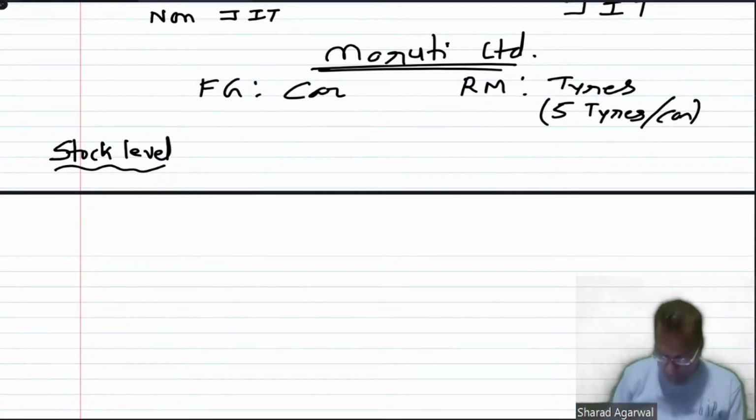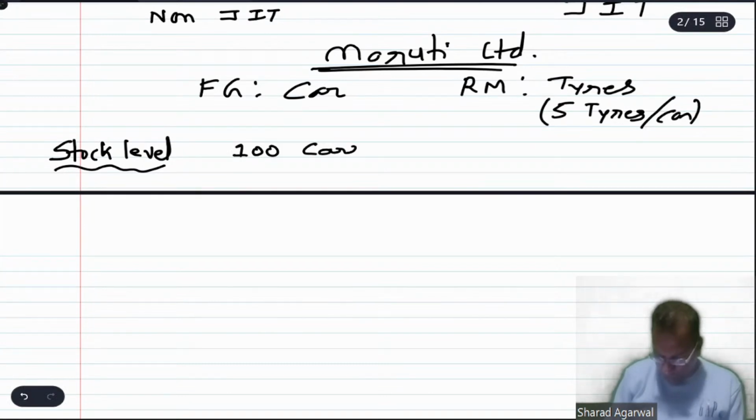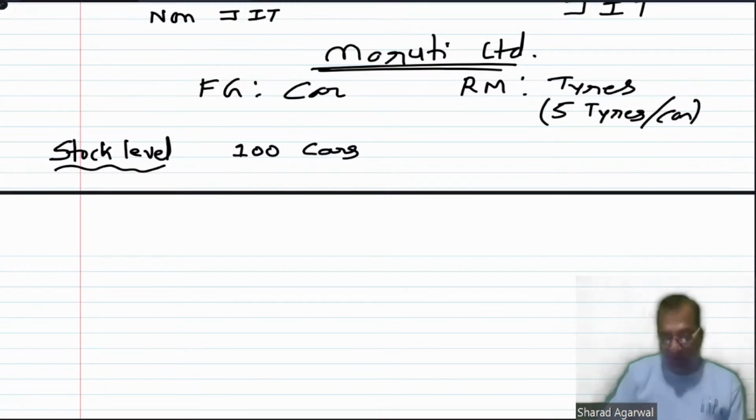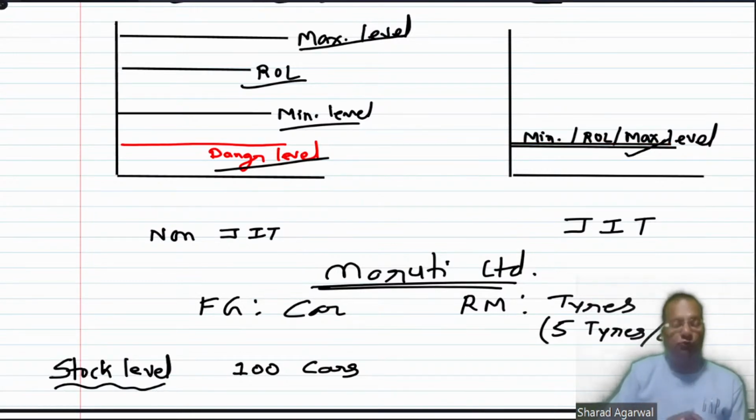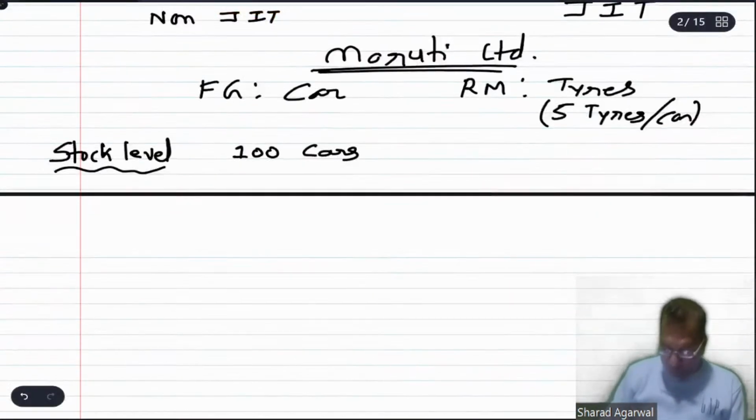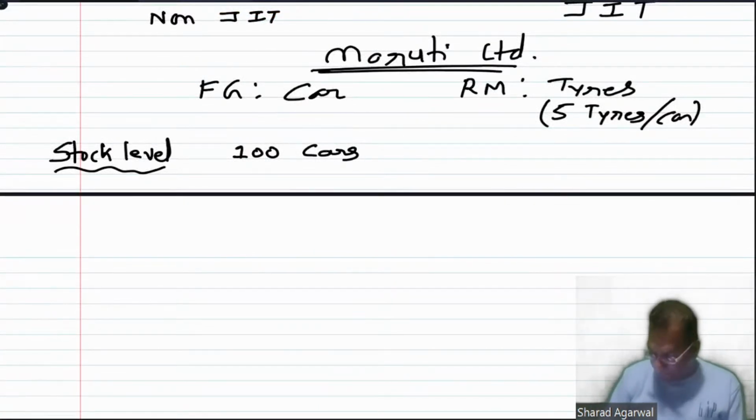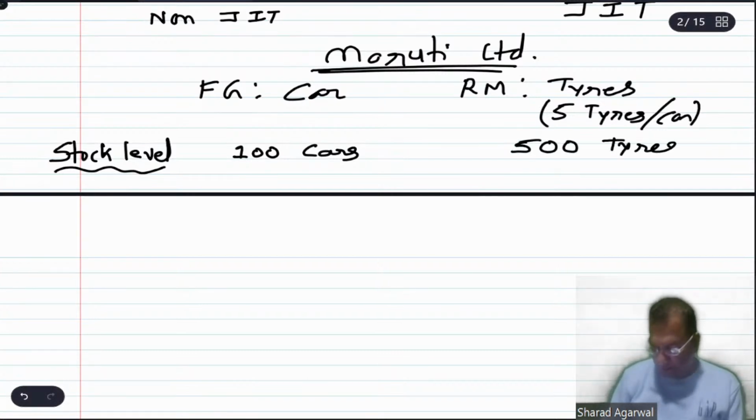So stock level is there. Suppose 100 car stock level is there. This 100 car is the minimum level, maximum level, reorder level, everything. In non-JIT system, we are having different types of stock level. But in JIT system, we are having only a single type of stock level, that alone is the minimum, maximum, reorder, whatever we can call it. So the stock level we are maintaining is 100 cars. And suppose the tires we are maintaining is 500 numbers.